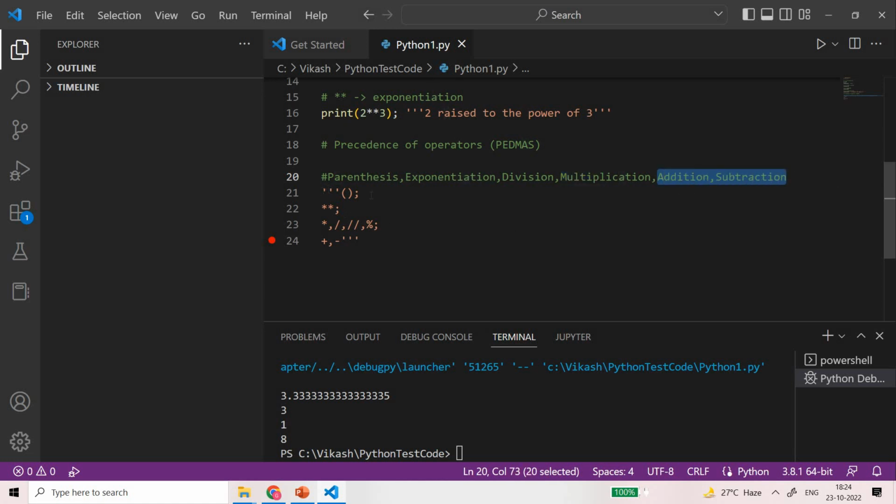Here are the four lines from line number 21 to 24. Parenthesis has the highest precedence, exponentiation is second, then multiplication, true division, floor division, and remainder have the next precedence, and plus and minus, which means addition and subtraction, have the last precedence.